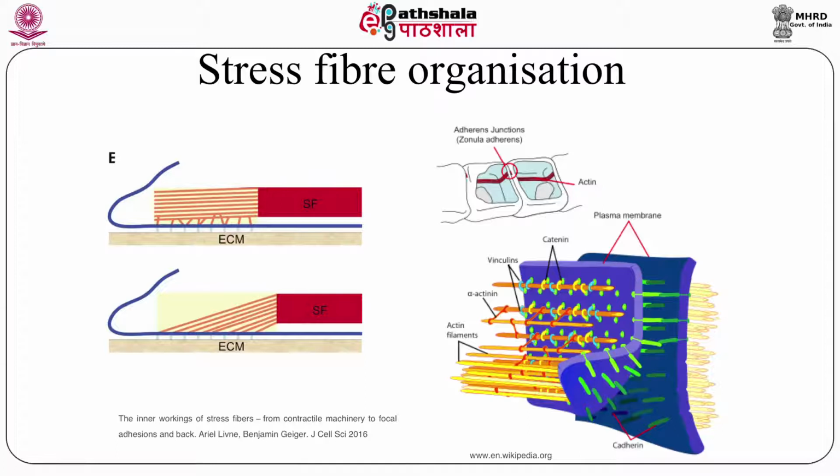In 2010, a model was proposed that stress fiber actin filaments are attached to the underlying substrate through short suspension fibers. In 2016, another paper suggested that stress fiber actin filaments are attached to the underlying substrate by membrane-based actin nucleators, that is ARP2/3 or formins.